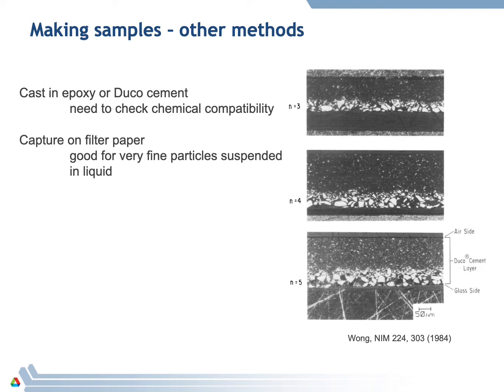As long as you're careful on how you filter it, it can be quite uniform. You may still need to stabilize the sample by covering it with tape or something, so that when you handle it, the particles aren't lost. But there can be other methods of making samples. The main thing is to get the right thickness and the right uniformity.